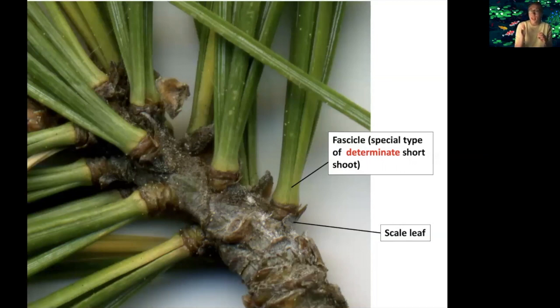In this case, in the axil of our scale leaf, we have an axillary meristem, right? And what comes from an axillary meristem? A branch or a modified branch, right? So these are called fascicles. That's where we have a determinate short shoot that doesn't undergo any further growth than the leaf production, right? It stops growing and it never grows again.